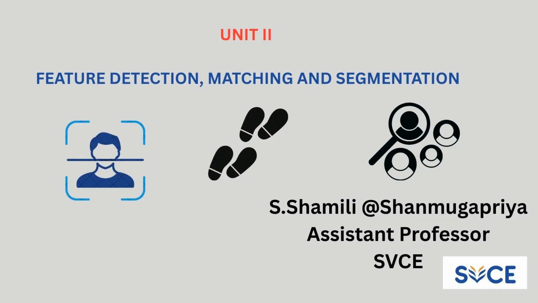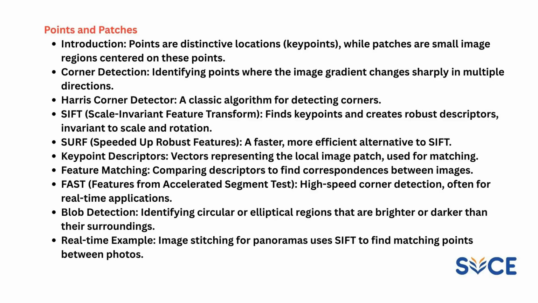Instead of just finding a few features, segmentation is aimed at partitioning the entire image. So these are some of the topics. Let's go into that. Let's start with how a computer sees.